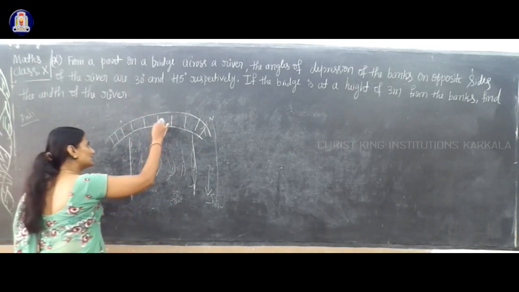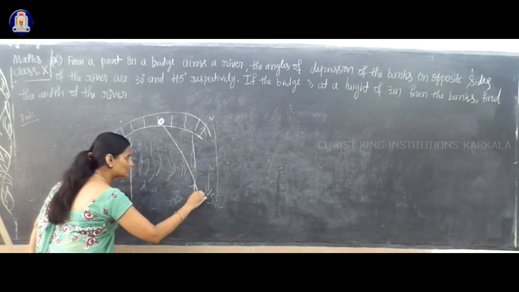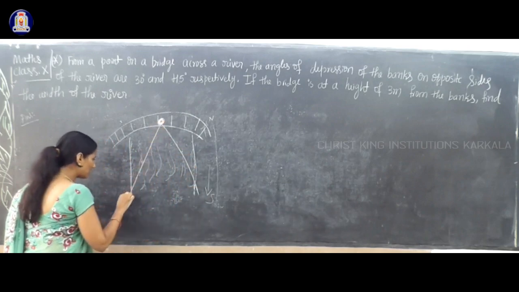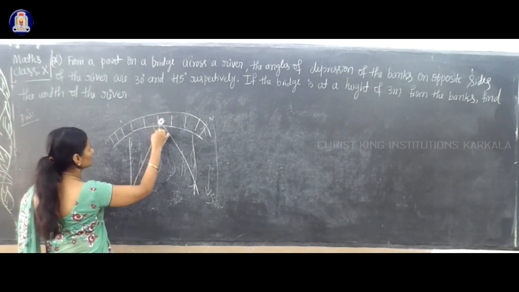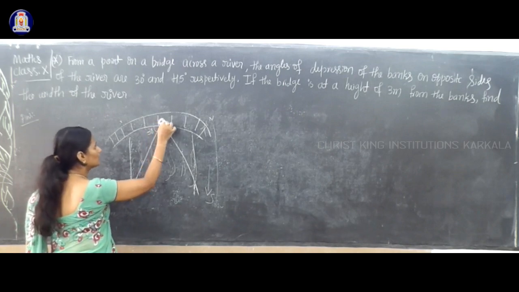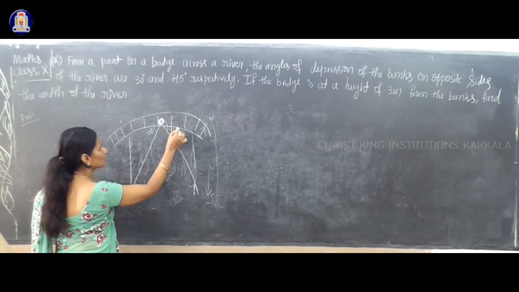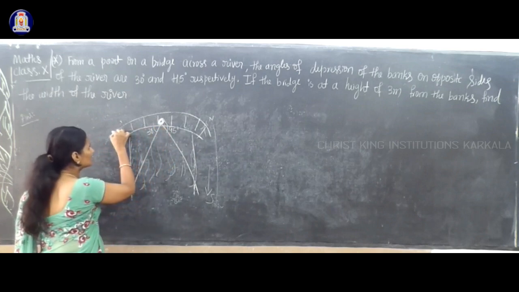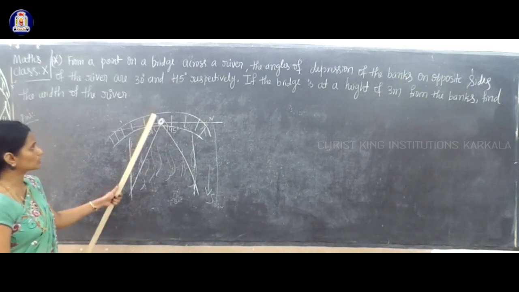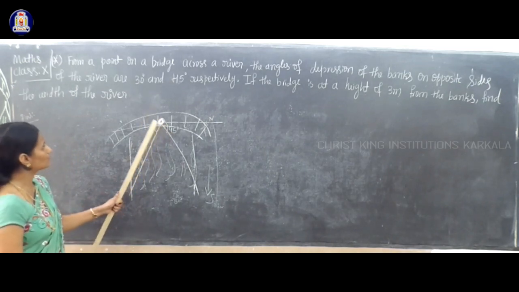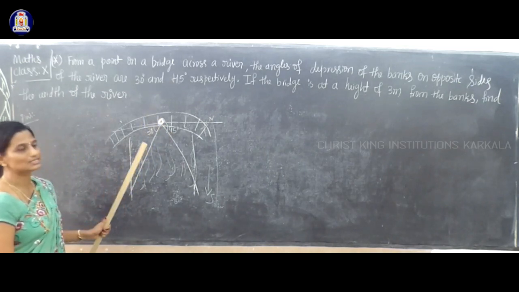So that means it comes like this, and it comes like this. So one angle is how much here? One angle is 30 degree and one more is 45 degree. So for this, this is your horizontal line. So this angle is 45 degree. This angle is 30 degree.